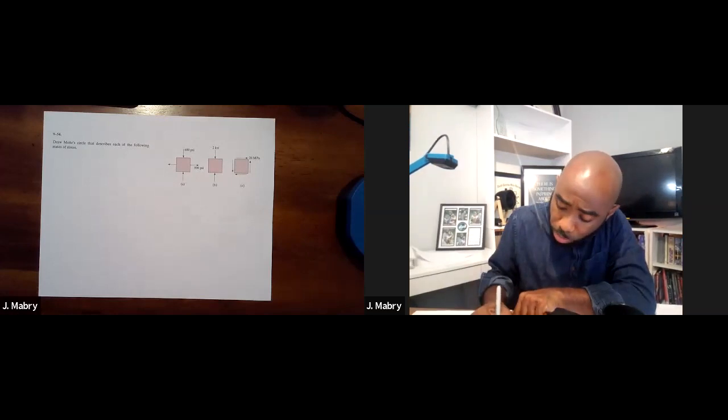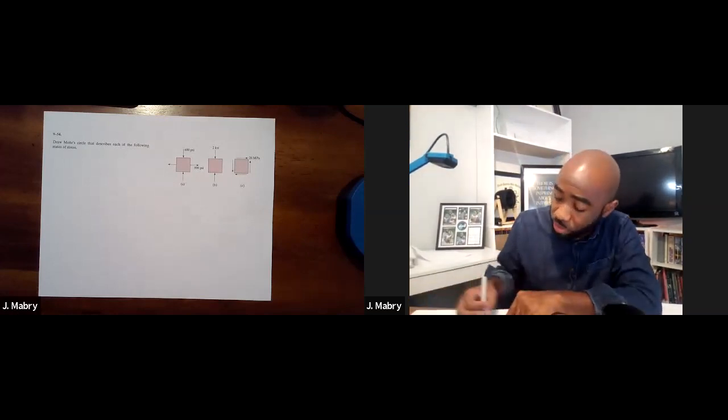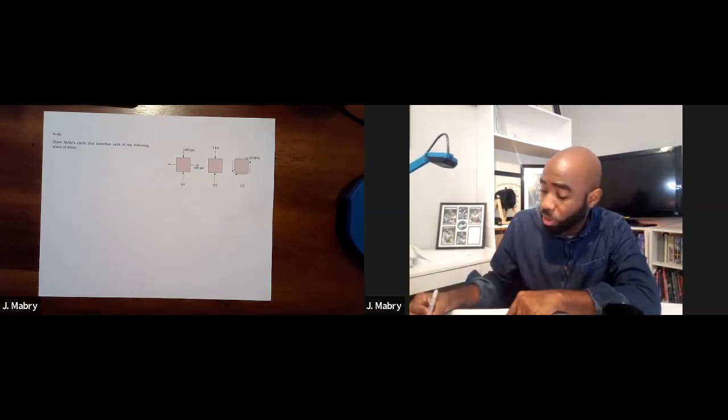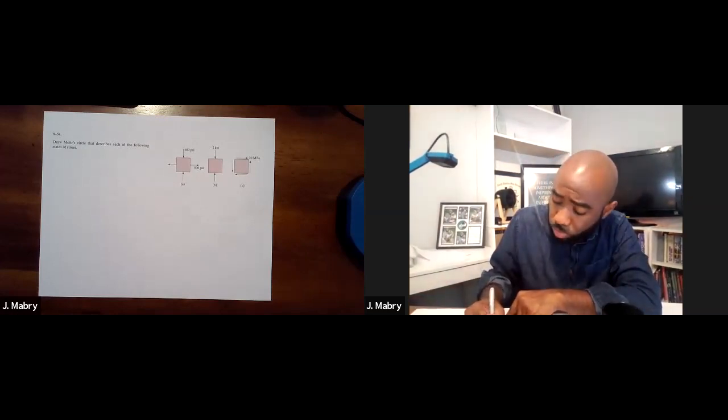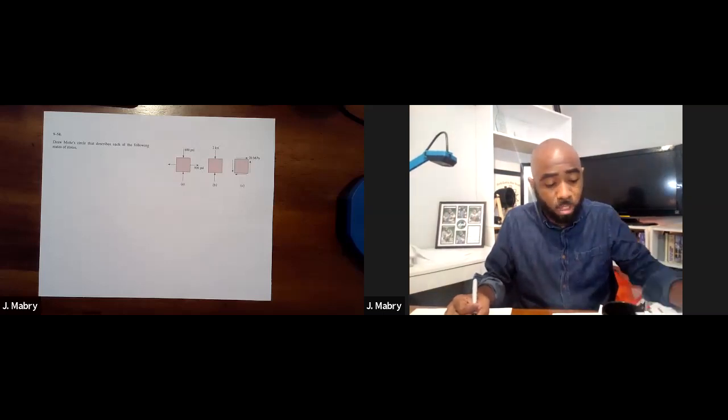And I'll pull out another sheet of paper if I need to. But A, the center, is the average of these two. So 800, the center is going to be 800 minus 600.